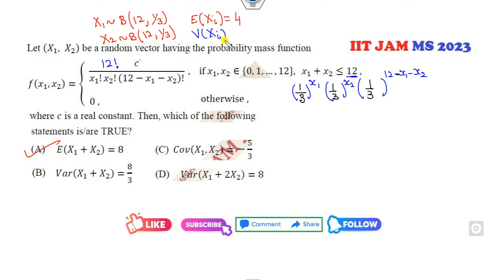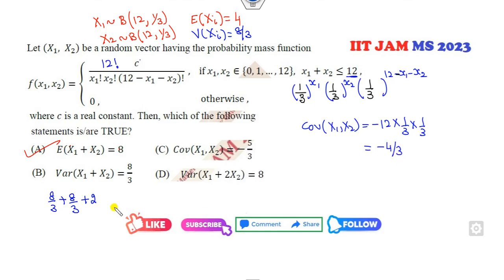What is the variance of xi's? npq, 8 over 3. 8 over 3 plus 8 over 3 plus 2 times the covariance of x1 comma x2, which is minus n times probability of x1 times probability of x2, minus 4 over 3. So the 8 over 3 will be cancelled out. It's 8 over 3, correct answer. Covariance of x1 and x2 is minus 4 over 3, but 5 over 3 is the wrong answer.